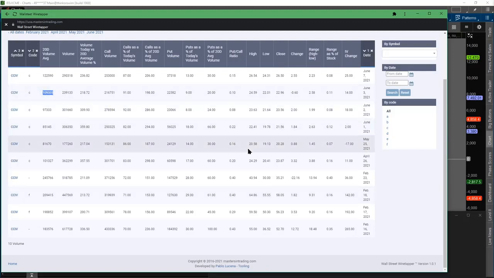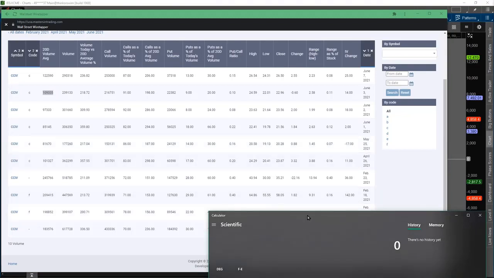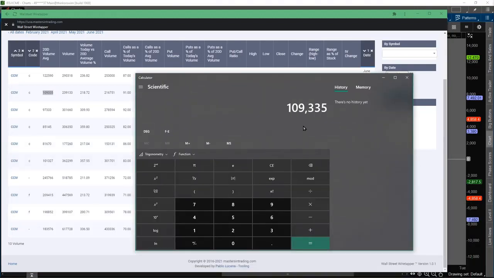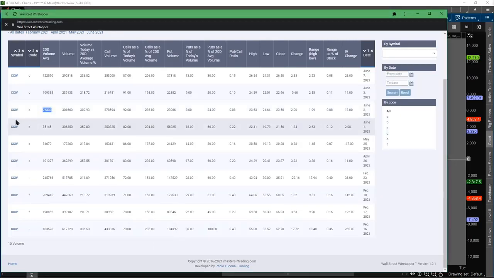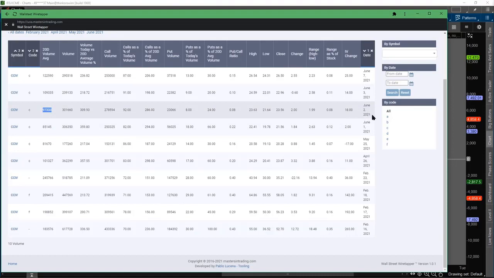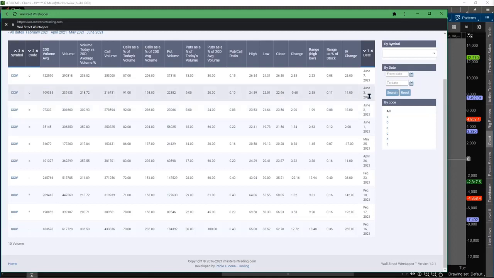So if we take this 20-day average volume and we subtract it from the previous time that we had an entry for CCIV. In this case, it just so happens that there's only 1 day of difference.